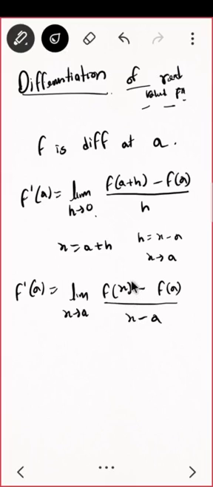Something like this is y2 minus y1 upon x2 minus x1. Is there something like that? What is this thing?